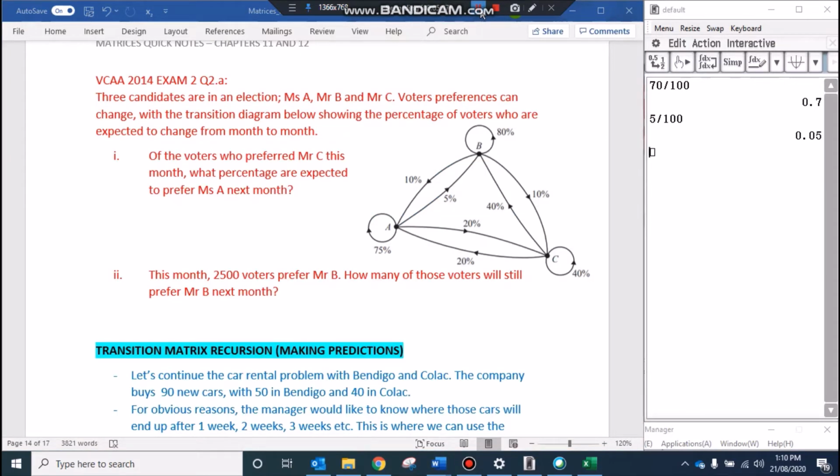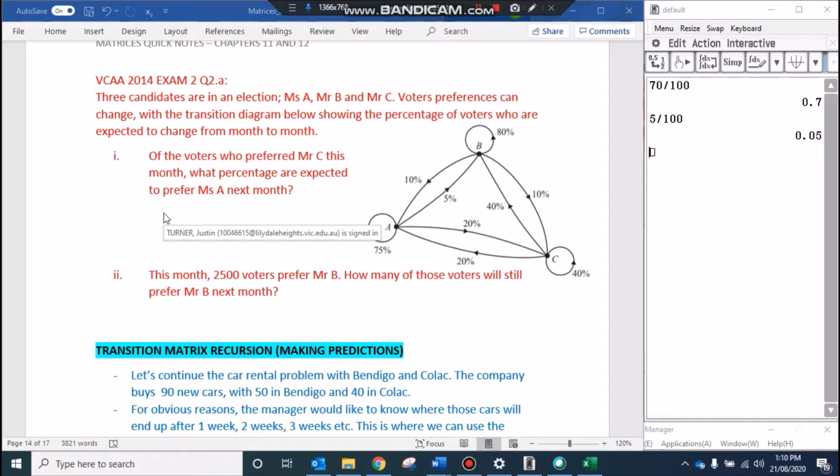We're going to quickly look at a past example about interpreting these transition diagrams. So we've got 3 candidates in an election: Mrs. A, Mr. B, and Mr. C. Voters' preferences can change with the transition diagram shown here, showing the percentage of voters who are expected to change each month.